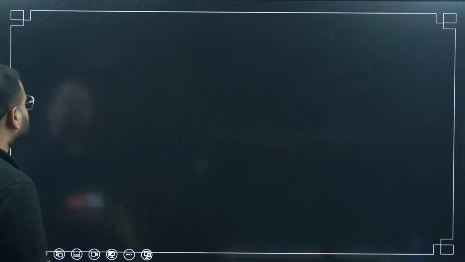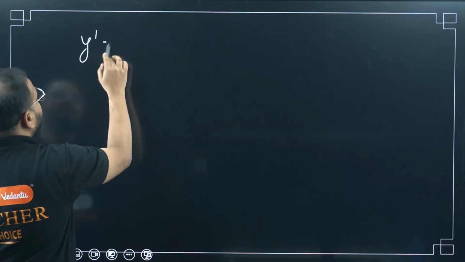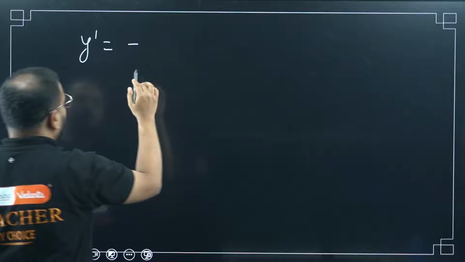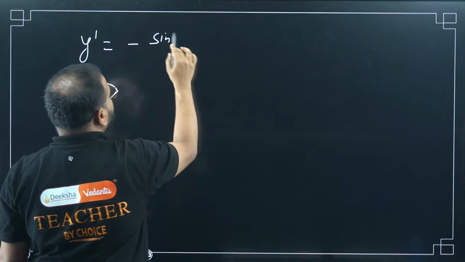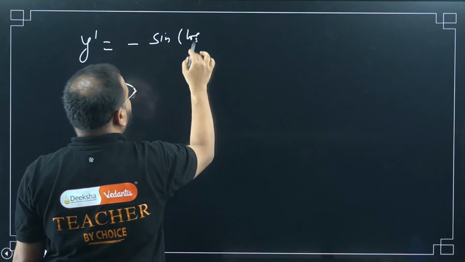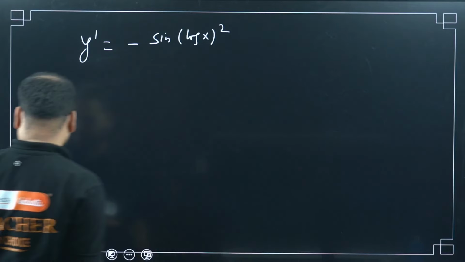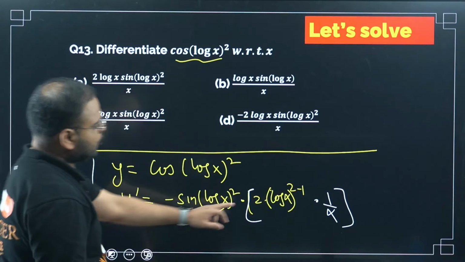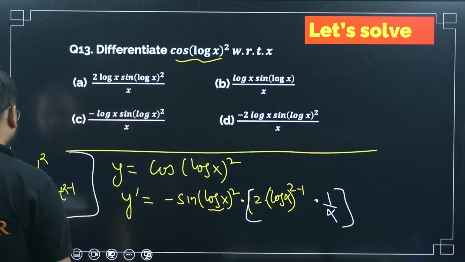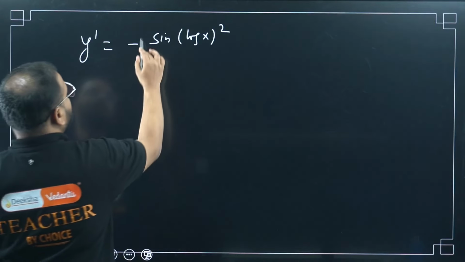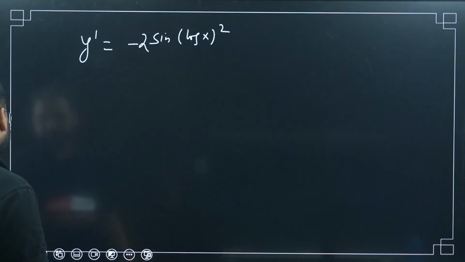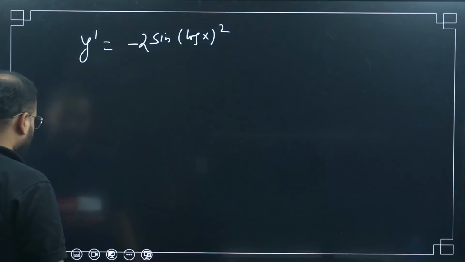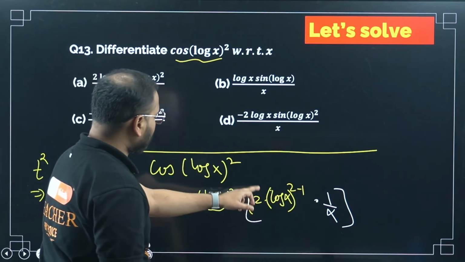So I get y dash as minus sine of (log x) the whole square. 2 is there, so I can take this 2 out. 2 will come out like this, right?